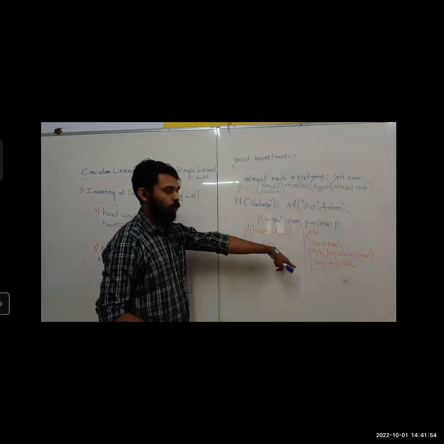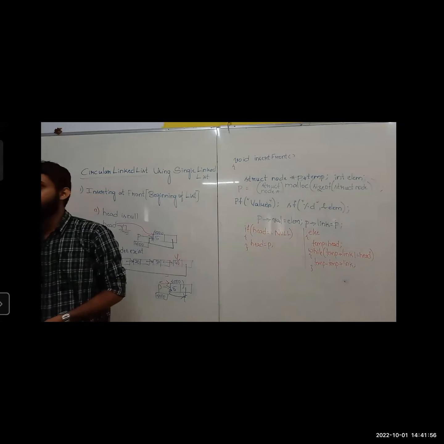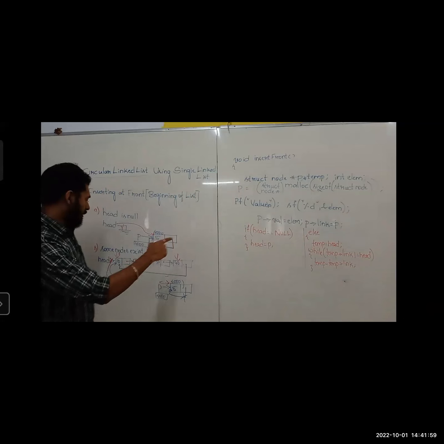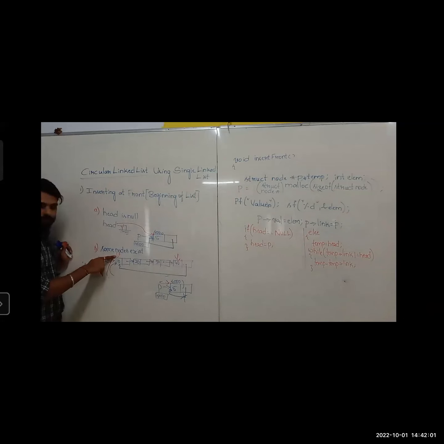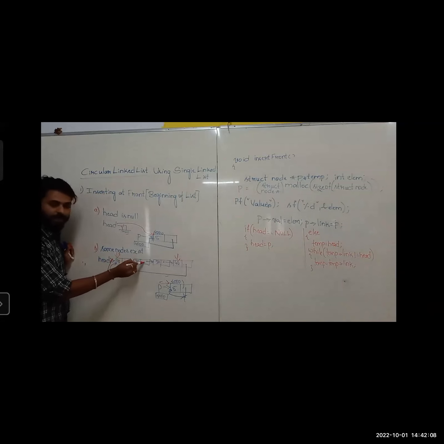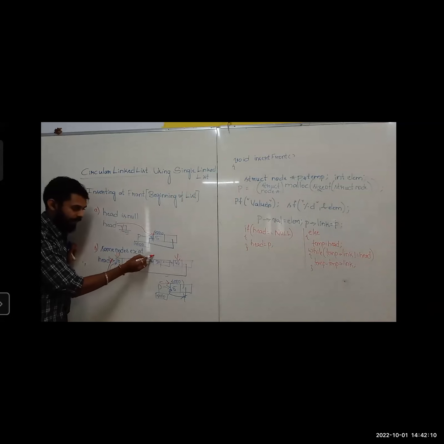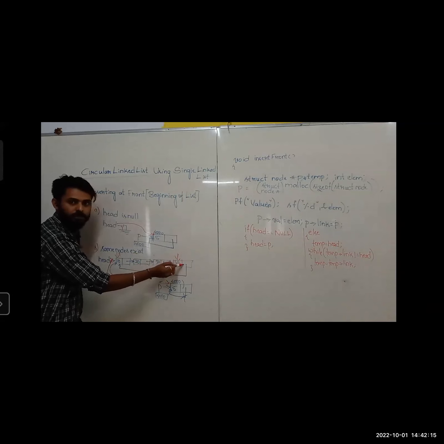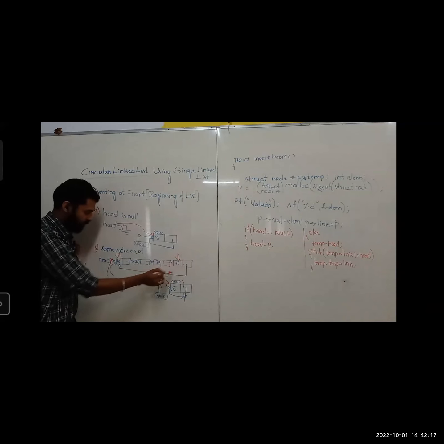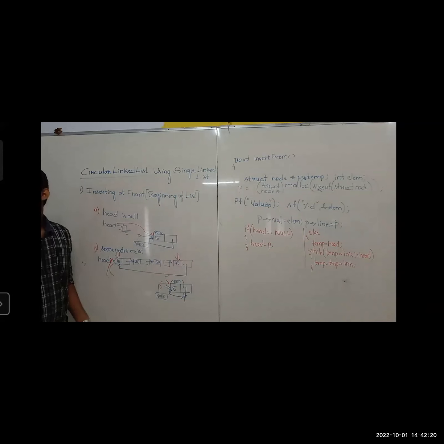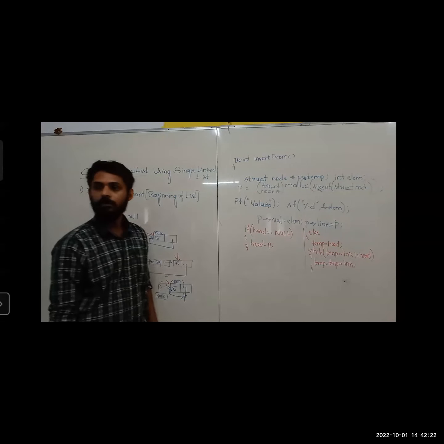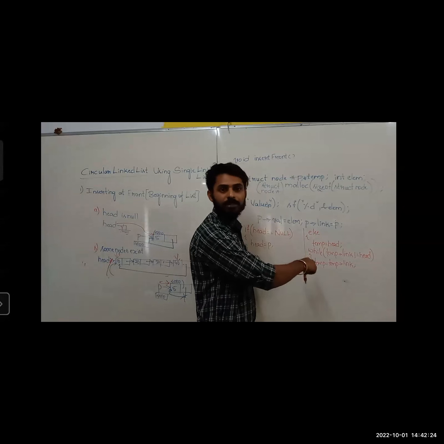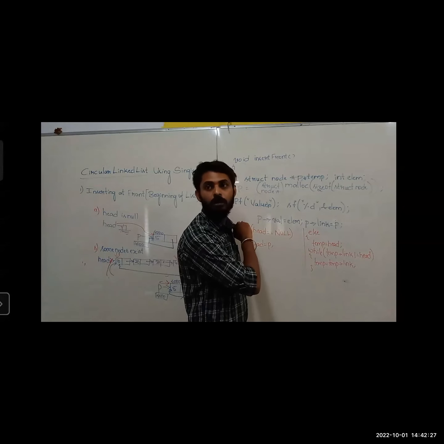By the time this loop fails, where will your temp be pointing? You check. Temp's link, is it not equal to head? True. Next, temp's link not equal to head? True. Again, true. Next, False, because temp's link is pointing to head. Clear? So by the time this loop fails, temp will be pointing to the last node.